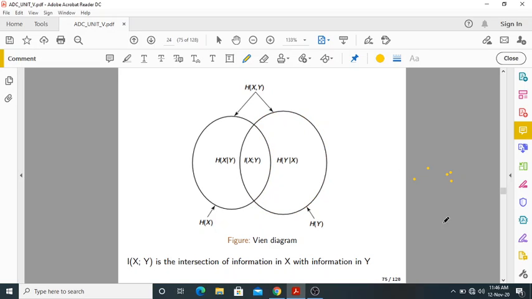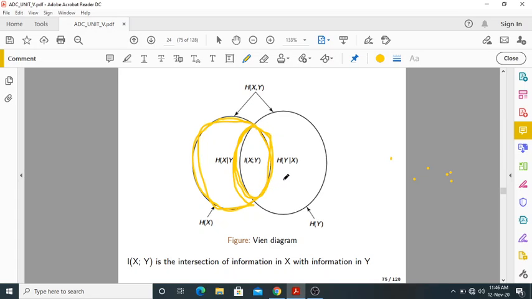Correct? Now, what is the formula of I of x semicolon y? H of x minus h of x given y, which means h of x is this complete circle minus this part, h of x given y. Then you are left with only this part.